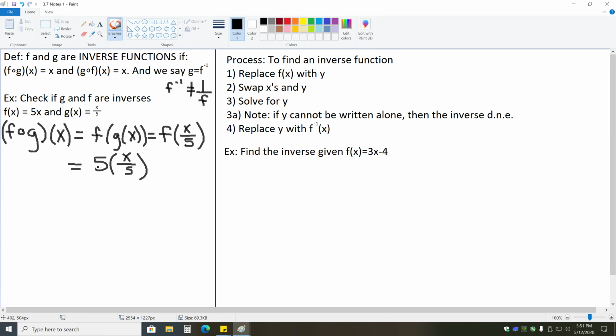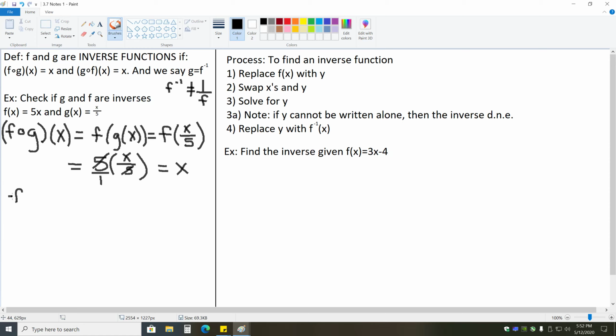And when we do that, 5 times x over 5, the 5's will cancel out. If that confuses you, remember you can always rewrite a whole number as that number over 1. And now when you're multiplying two fractions together, if you have a common factor multiplied in the top and the bottom, you can just cancel each of those factors out, which just leaves us with x over 1 or just x.